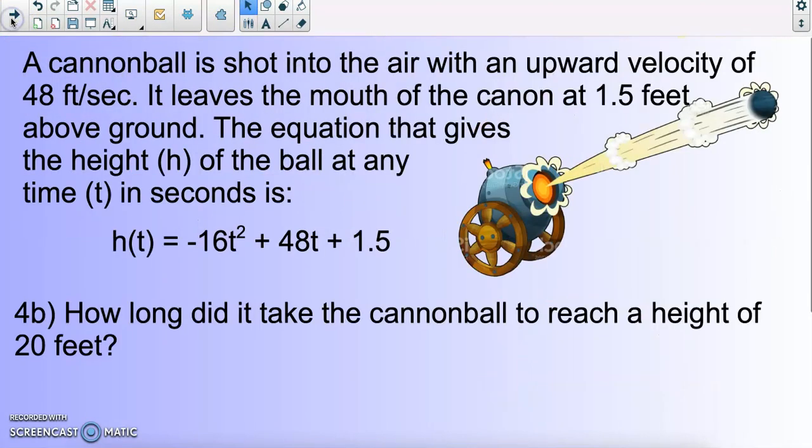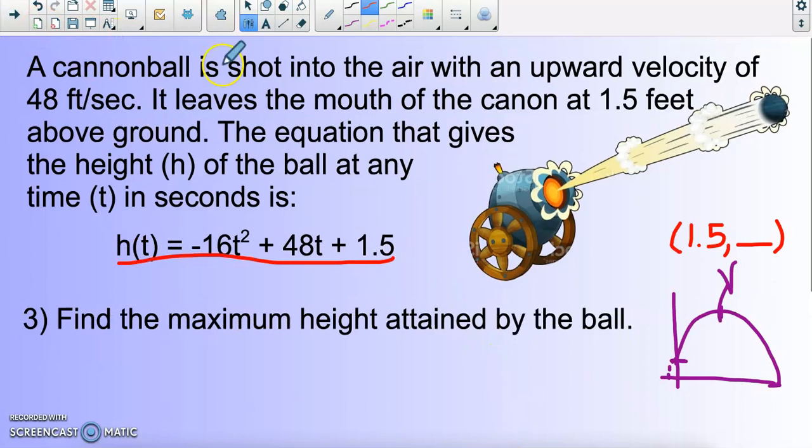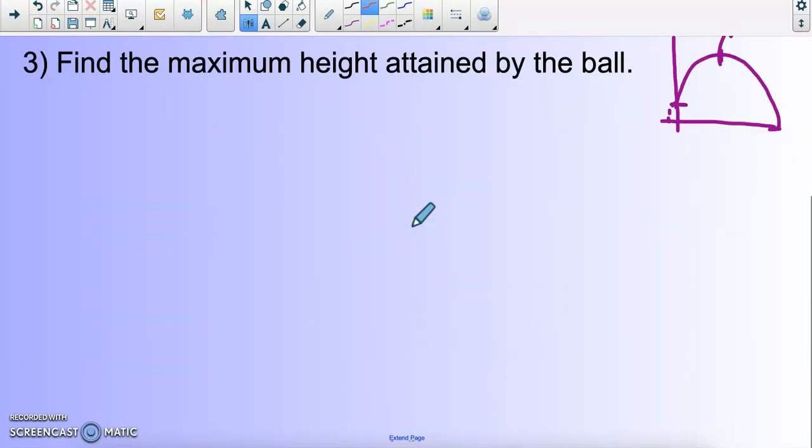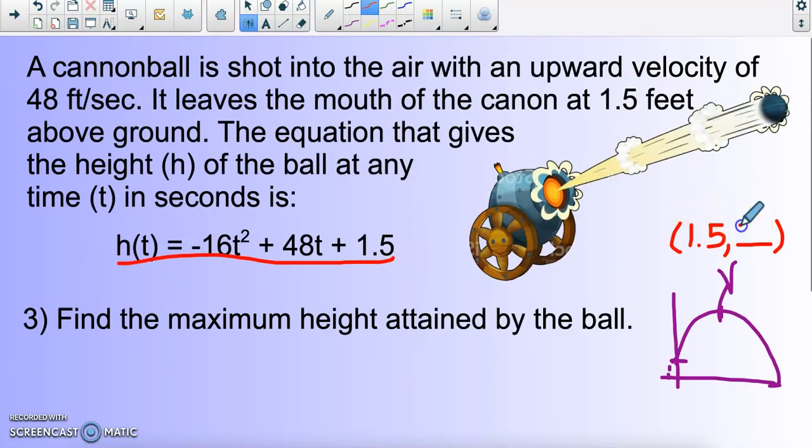And then finally, the last question, same problem, same scenario, but this time it says, how long did it take the cannonball to reach a height of 20 feet? We know from earlier that the maximum height we got was about 37 feet, so we know it's going to hit 20 feet for sure. As a matter of fact, won't it hit 20 feet two different times? One time going up and one time going down?